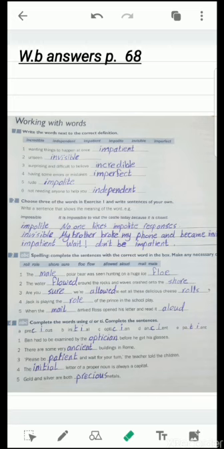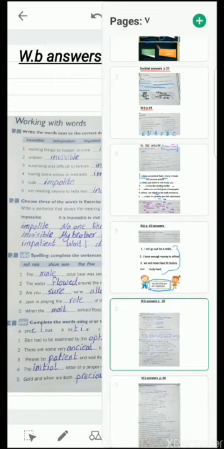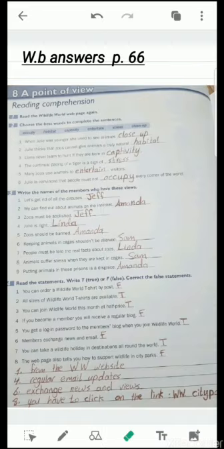Please, it's an important page. Check the answers carefully. The exam will be on this information, so you can study them very carefully in order to get the good mark that you are looking for. This is page 66, a point of view reading comprehension.